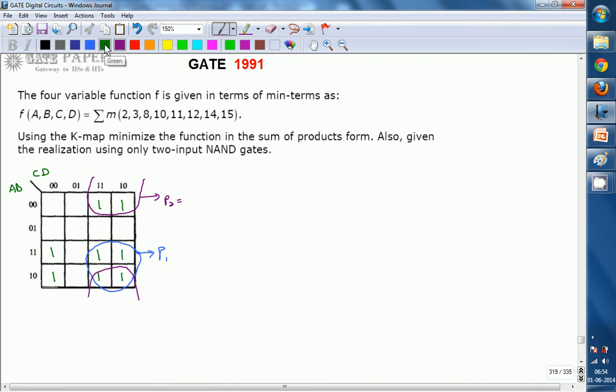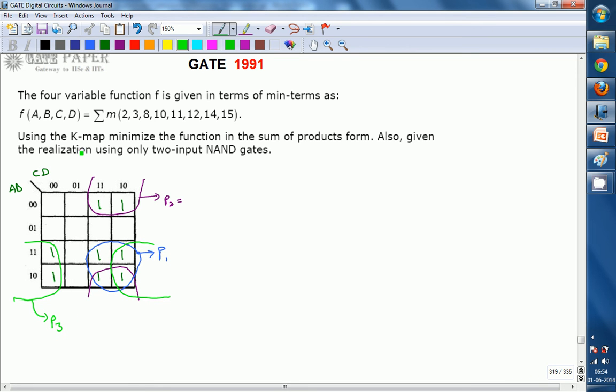The third one you can go in this way. These two cells combine with these two cells, and this is what you get as P3.